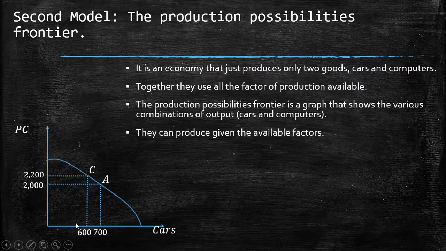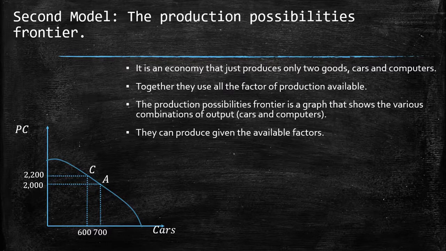So the opportunity cost of producing 200 more personal computers is 100 cars. This is the opportunity cost. Once I produce 200 more personal computers, I just give up producing 100 cars.